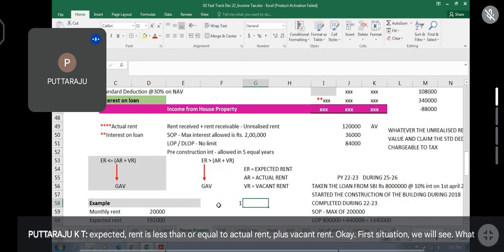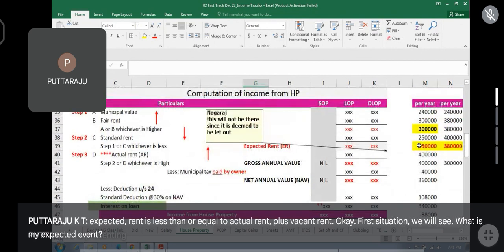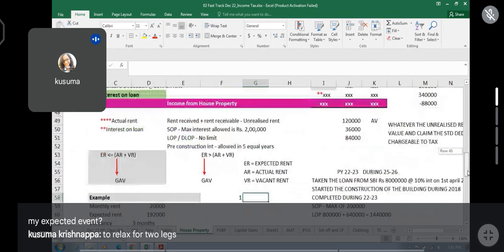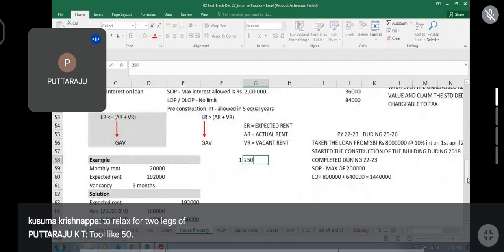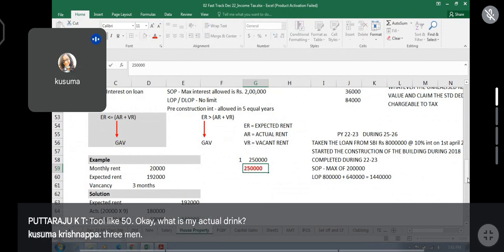What is my expected rent? 2 lakh 50. Okay. What is my actual rent?